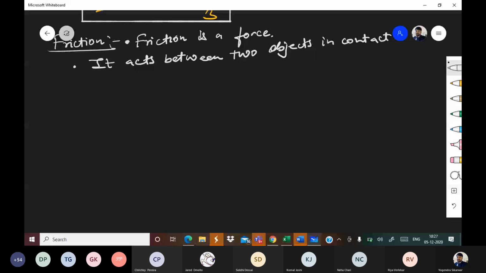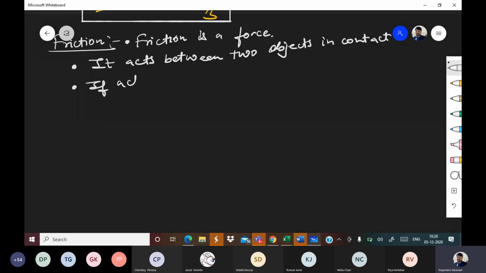All right. So friction is a force, no doubt about it. Number two, it acts between two objects in contact. Number three, friction acts in such a way that it tries to oppose the relative motion occurring between the two objects.